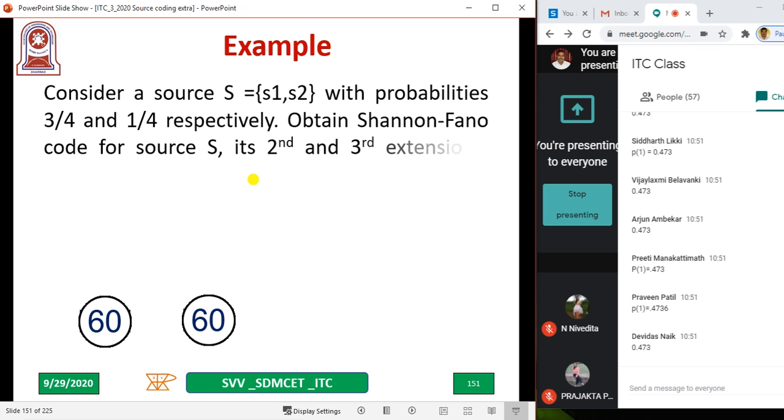So let us go to the next example. Consider source S equal to S1, S2 with the probabilities 3 by 4 and 1 by 4 respectively.